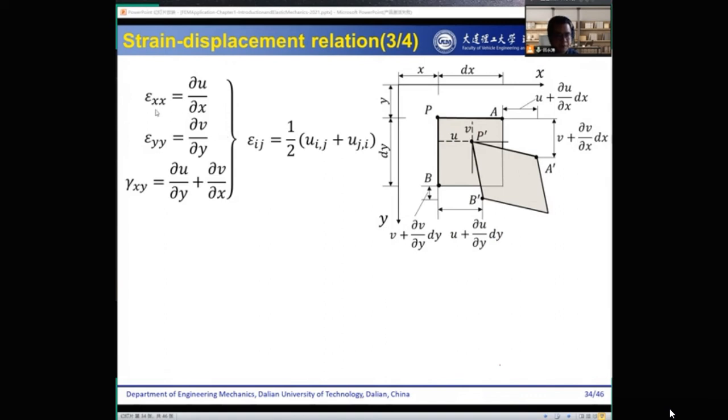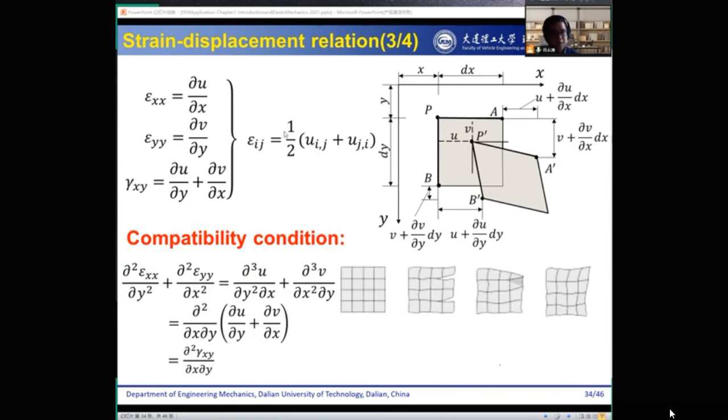We have the strain in the x direction, the strain in the y direction, and the change in the angle, so it's a shear strain. So we have three equations. We can simplify them using index notation to represent the three equations.